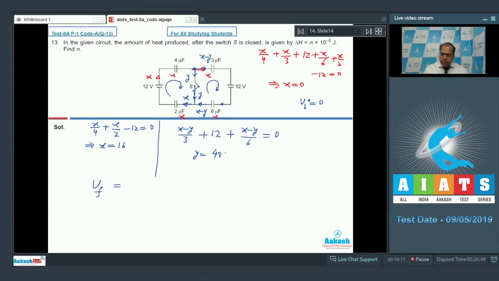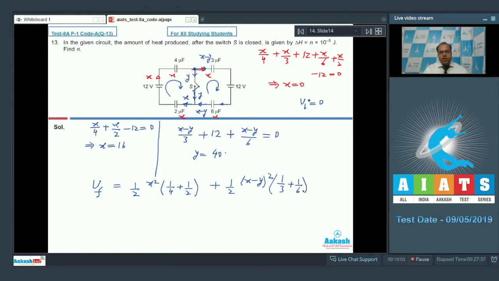So the final energy stored is the energy stored in these 4 capacitors. So in this capacitor, the energy stored is half into Q square by C, so x square by C, plus in this also. So I can write 1 by 4 plus 1 by 2. Similarly, in these 2 capacitors, I can write half into (x minus y) whole square times 1 by 3 plus 1 by 6.